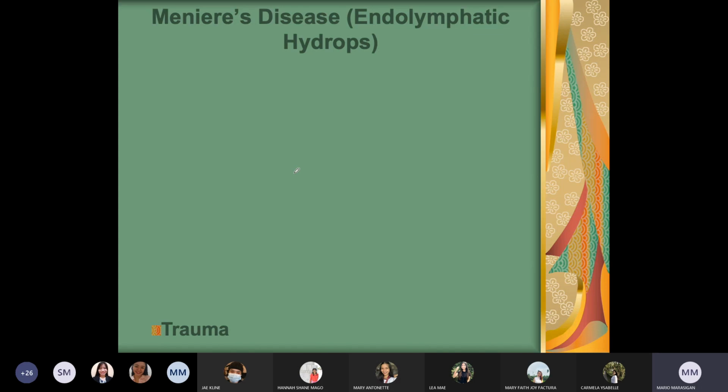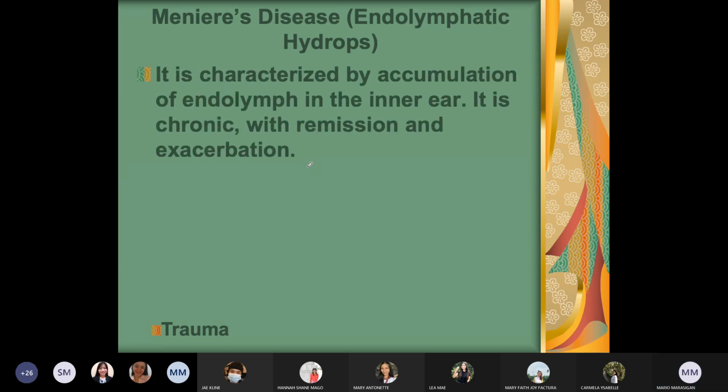Okay, next is the Meniere's. Another term of Meniere's is endolymphatic hydrops. So it is characterized by accumulations of endolymph in the inner ear. It is chronic with remission, ibig sabihin, bumabalik.